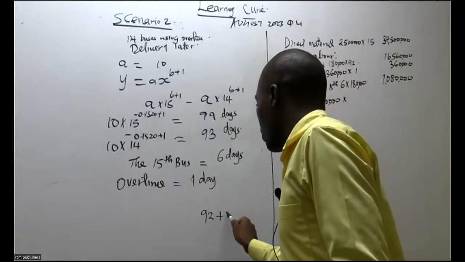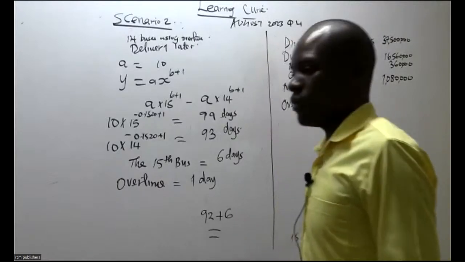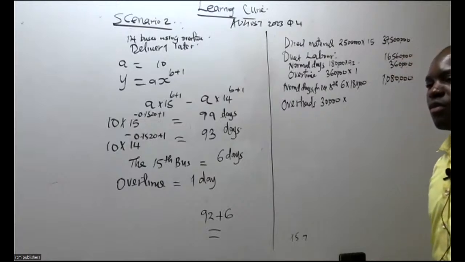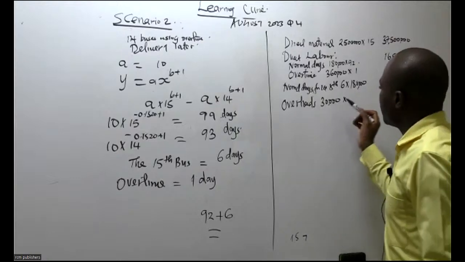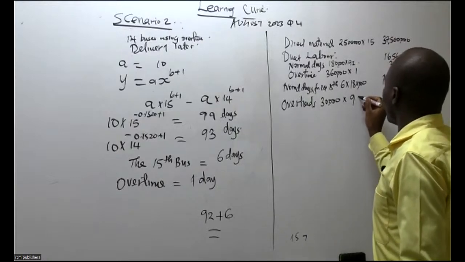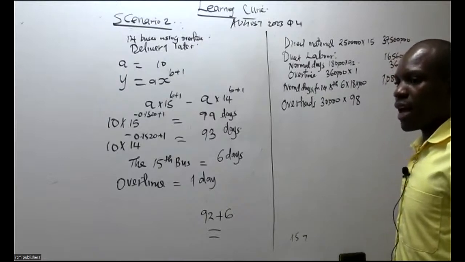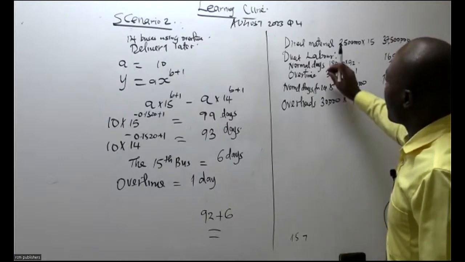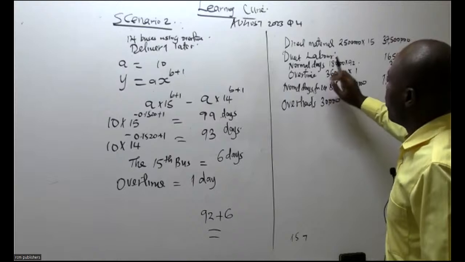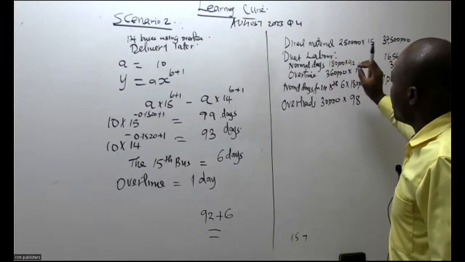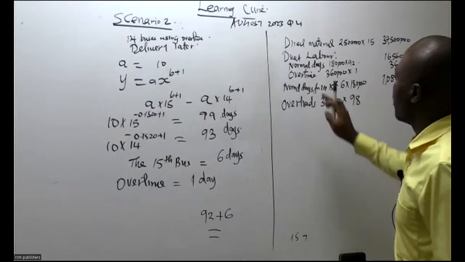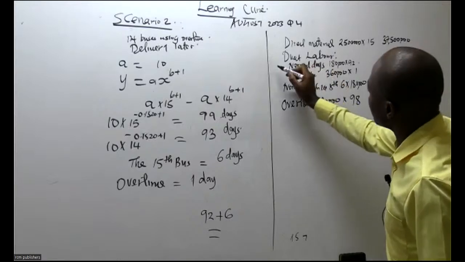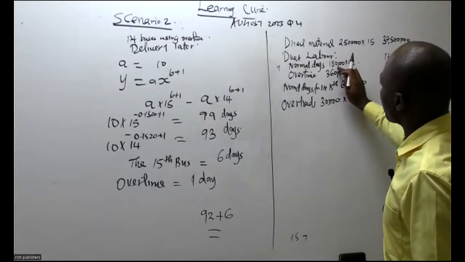So how many days do we have in total? So the overtimes will be allocated to 98 days. Another way to identify that, look at your labor cost. How many days did you use the 180 rate for? The first one is the normal days for the 14, I used 180.